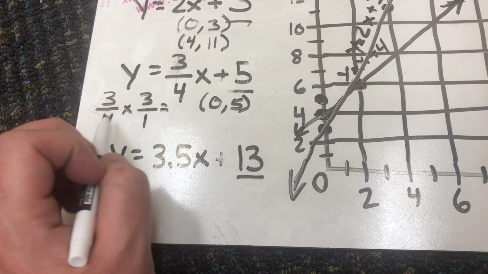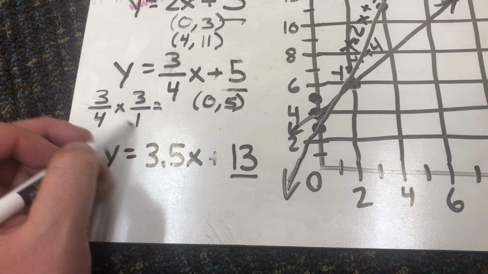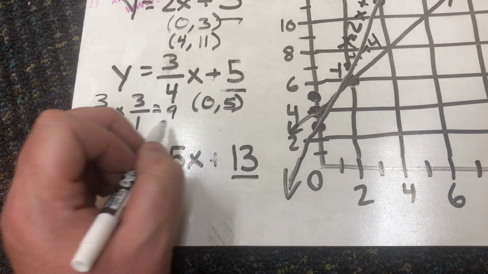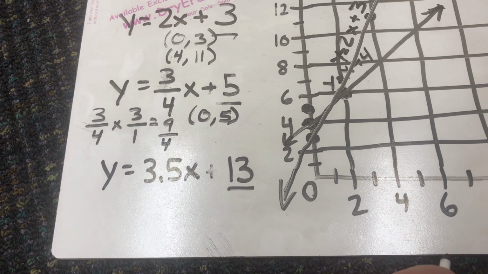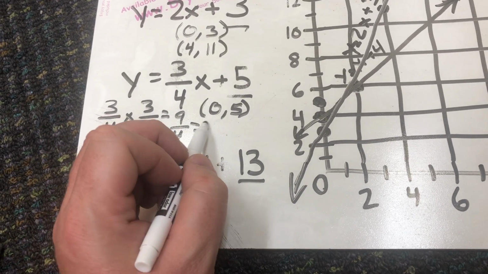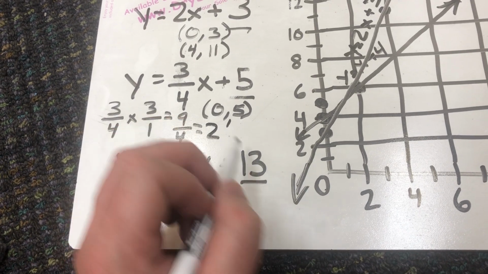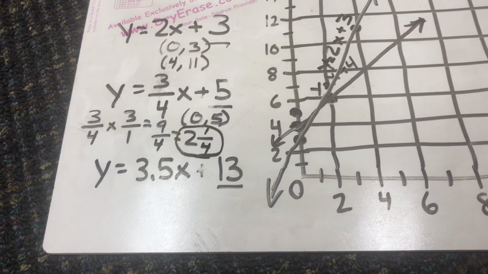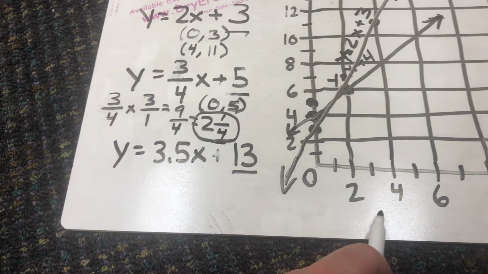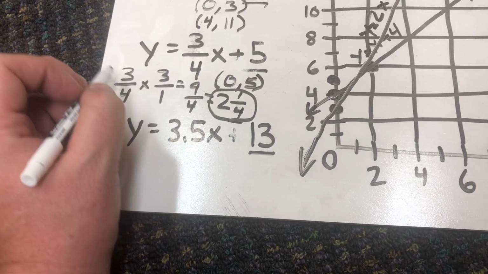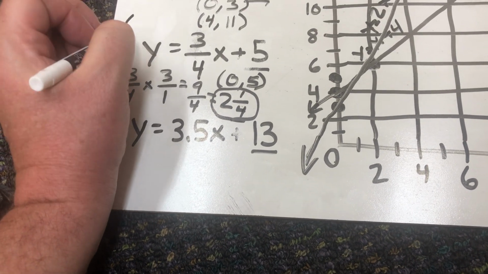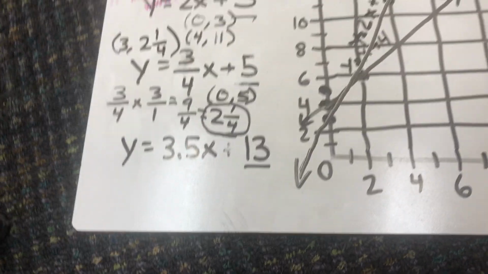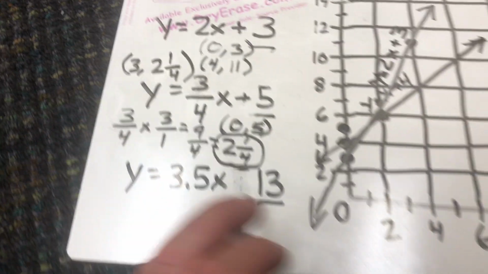Nothing can go into 3 and 4 except 1. Nothing can go into 3 and 1 except 1. 3 times 3 is 9. 4 times 1 is 4. 4 can go into 9 2 times. 1 is left over. My denominator is 4. I get 2 and 1/4. So if x is 3, then y is 2 and 1/4. So that's the ordered pair that I'm looking for.